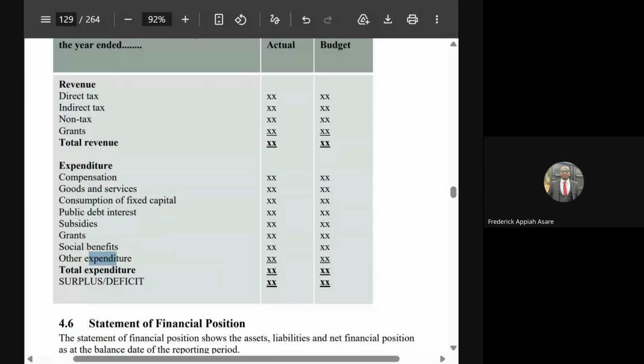So you sum up all revenue to get total revenue, and sum up all expenditure to get the total expenditure. The difference between the total revenue and the total expenditure gives you surplus or deficit. If the total revenue is more than the expenditure, you get surplus. If the total revenue is less than the total expenditure, you get deficit.